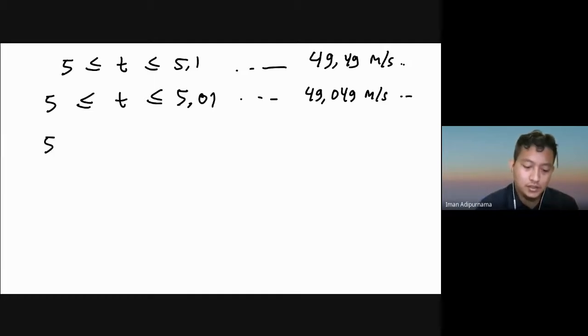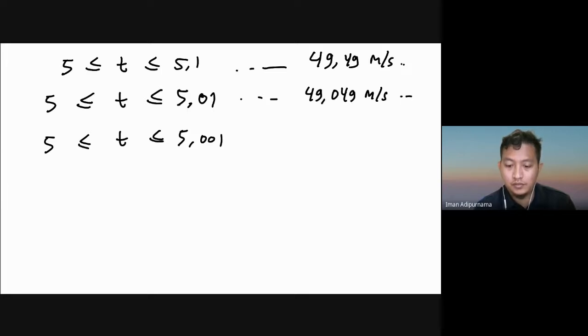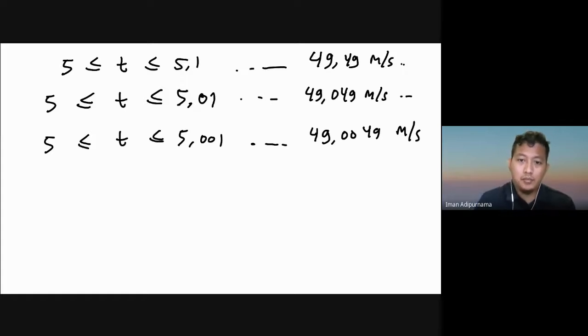We check again. Let's make the time interval closer. Let's check 0.01. And you can check this if you want, making more zeros in your calculations. Let's say 0.00001.